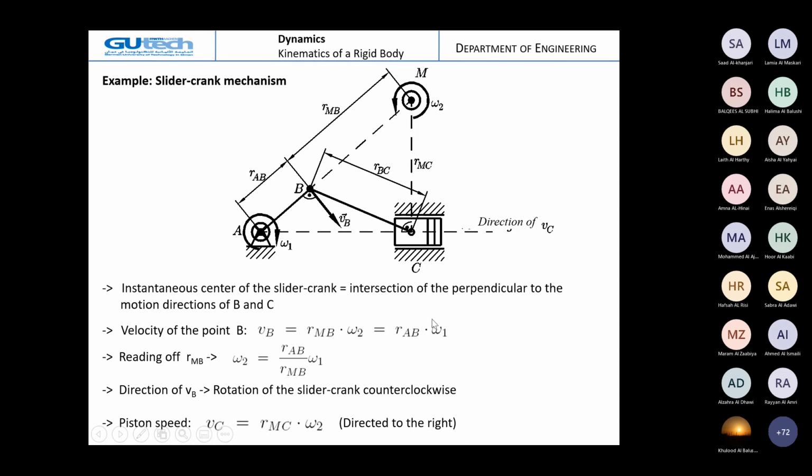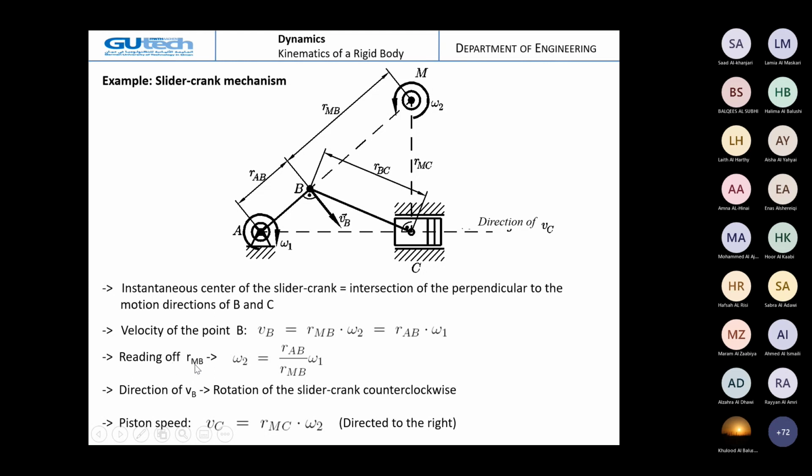If we don't know omega 1, we have this distance from B to M, which we measure or determine. And here we get the second relation: VB is RMB multiplied by omega 2. There is the equality here now.